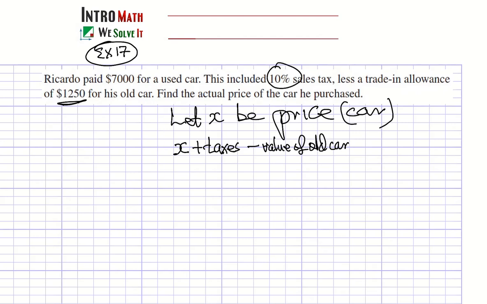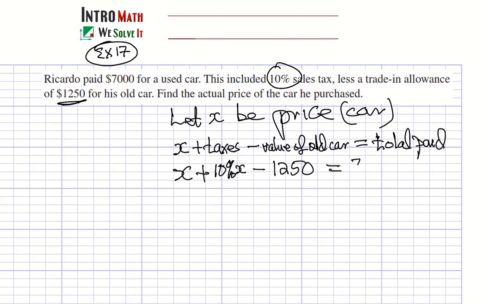So basically this is the same thing we did before. X plus 10% of X minus 1250. By the way, this equals what he paid, the total paid, so this equals 7,000.